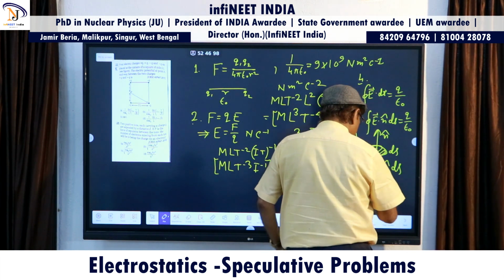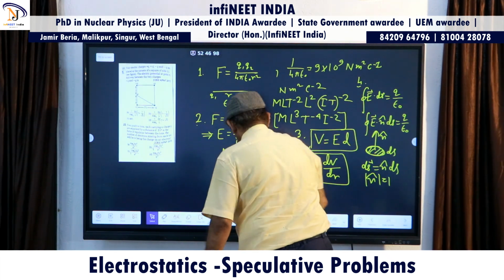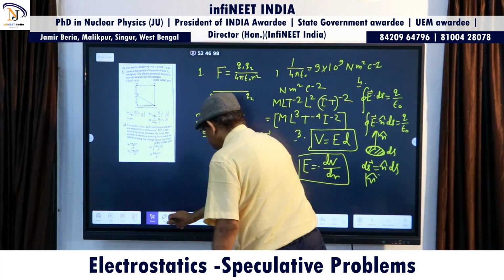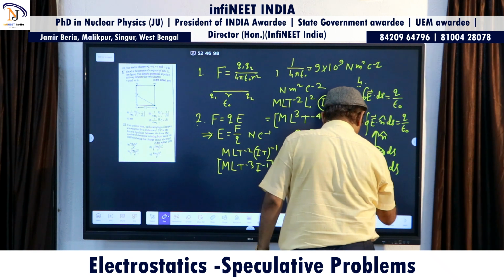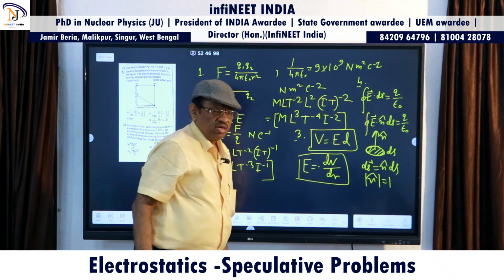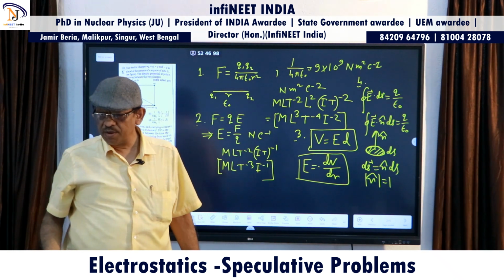If you take the mod value of n, you will get 1 because it is a unit vector. Am I clear?